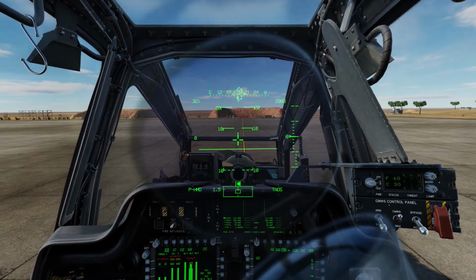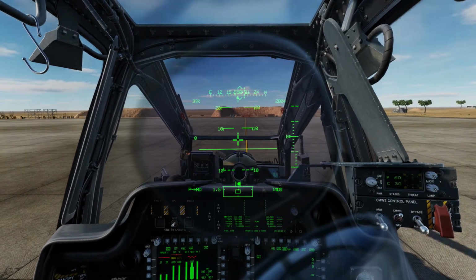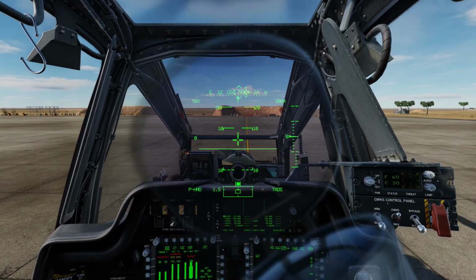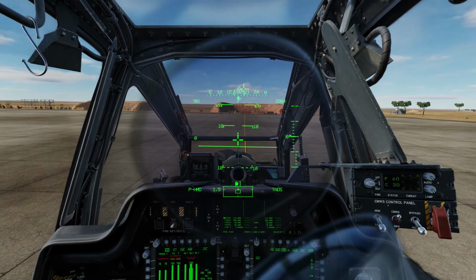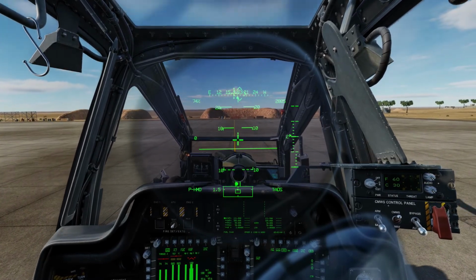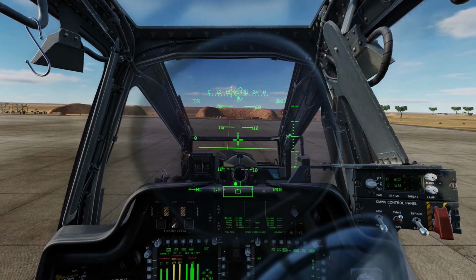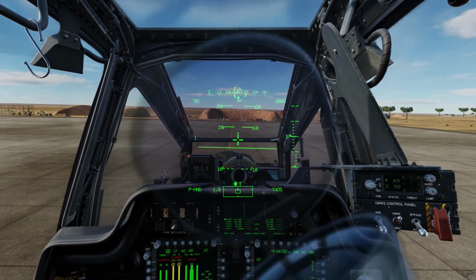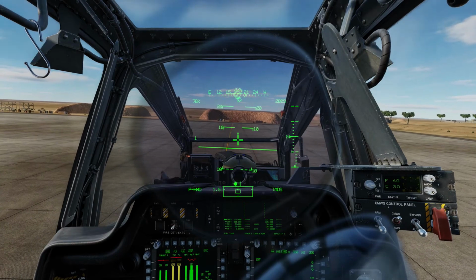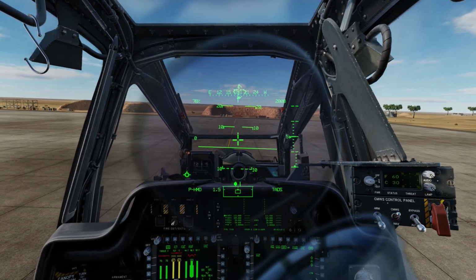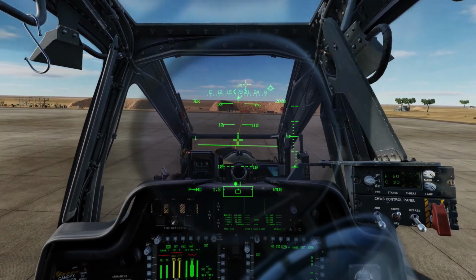So now I'm going to bring the torque up just like before. Slowly. So right now we're in ground effect, which is increasing our power. So right now we're at a 5-foot hover at 78%, so a little higher than what we were before.